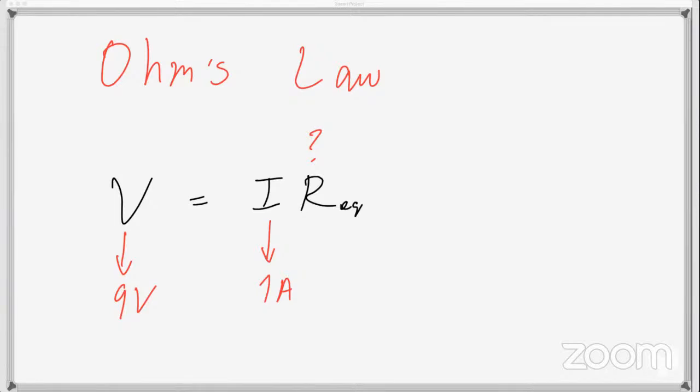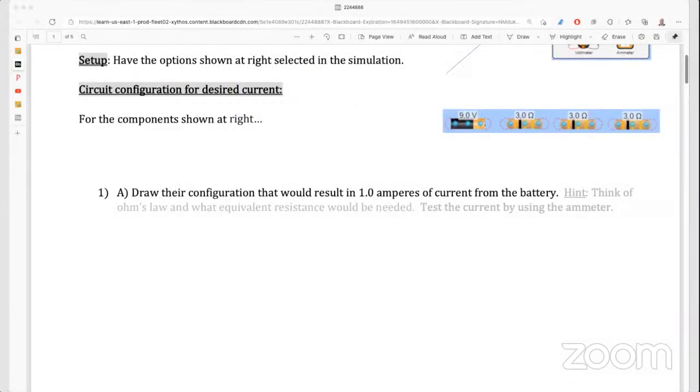So if V is 9 and I is 1, then I'm sure you can figure out what R must be for you to get 9 volts in this equation. Once you figure out that number, the next question is, how would you combine these resistors to produce the desired current or the desired resistance?